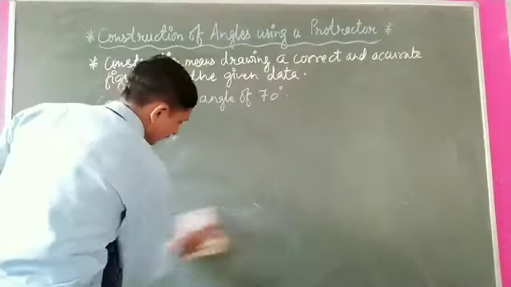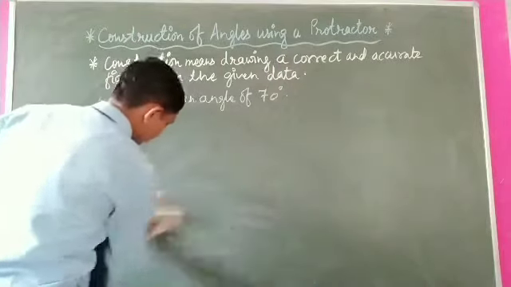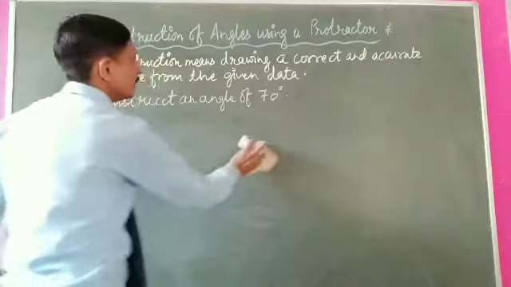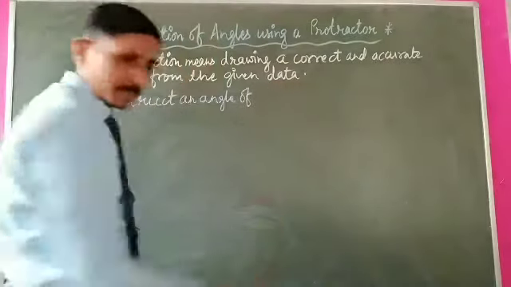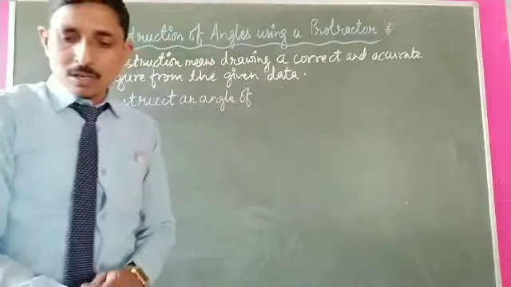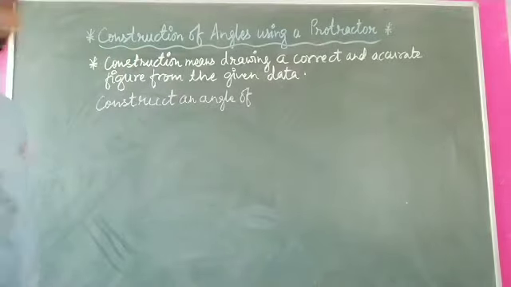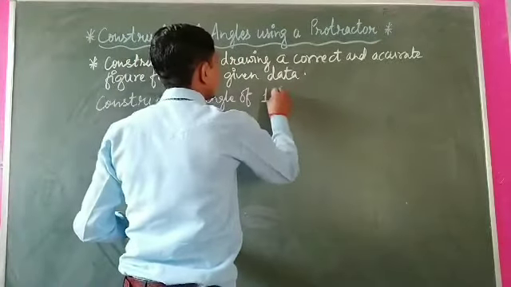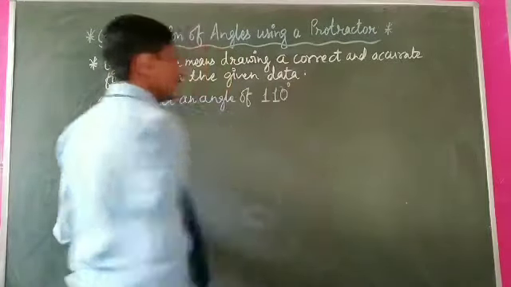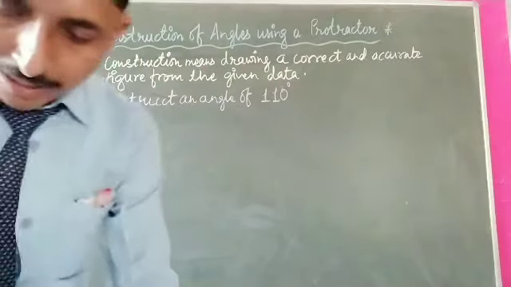Now another example: construction of an angle of 110 degrees. So what do we have to do again?